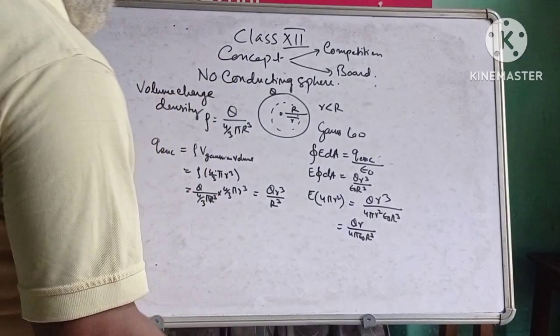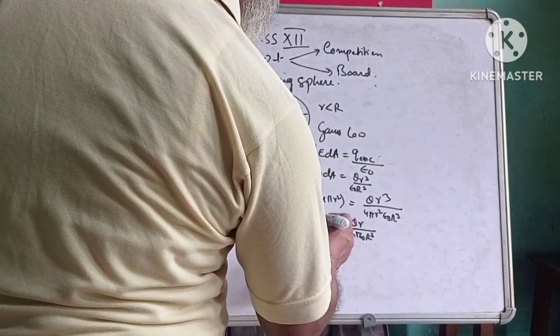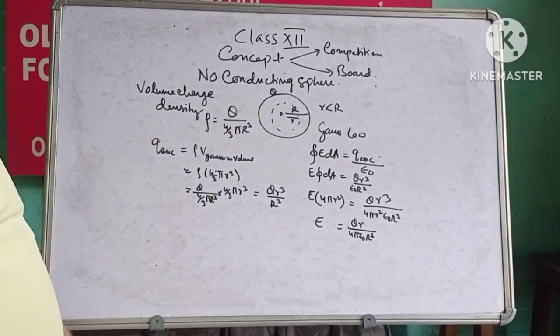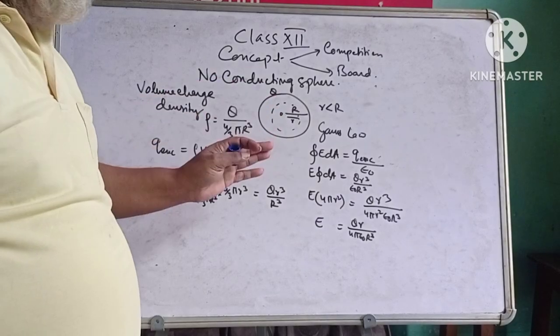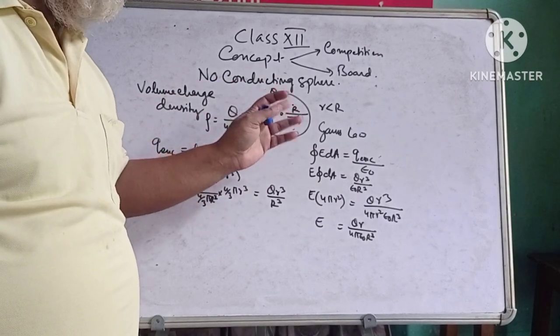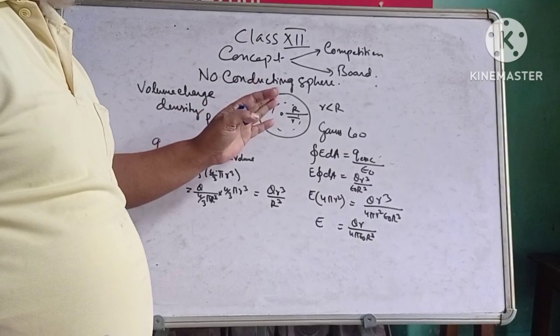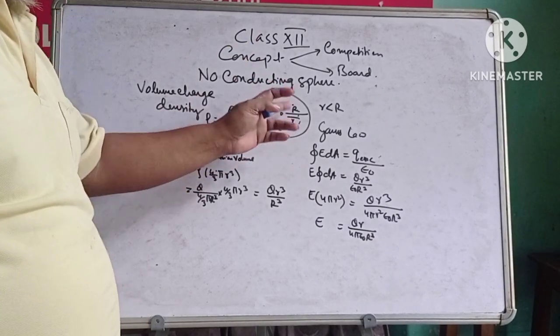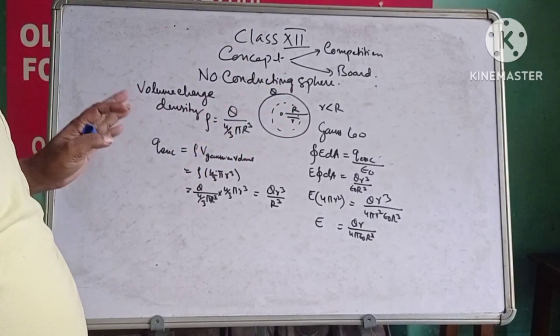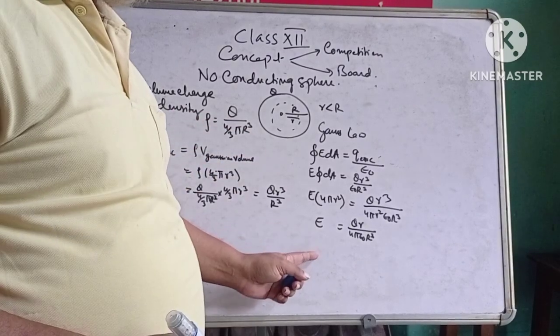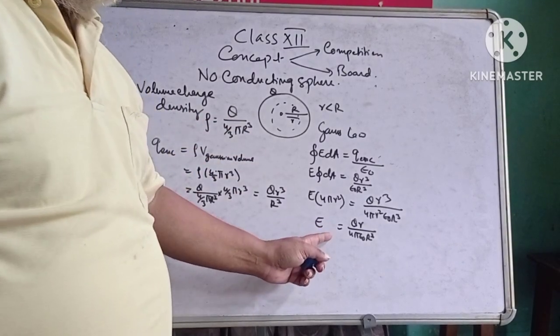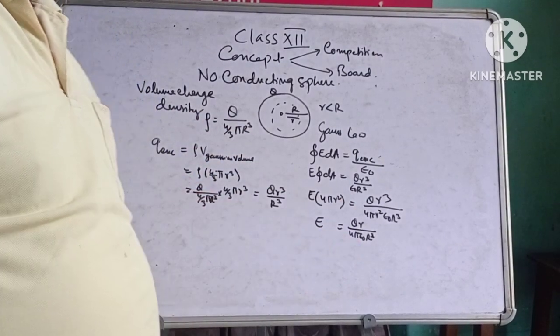That means if it is a non-conducting sphere, we have electric field inside the sphere. But if it is a conducting sphere, remember, then electric field inside the sphere is 0. But if it is a non-conducting sphere, then there is an electric field equal to this.